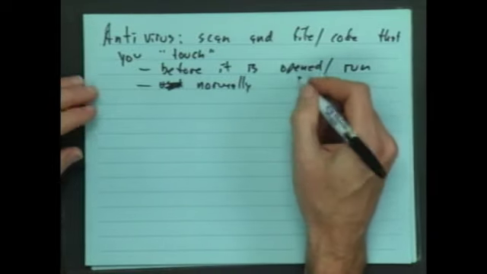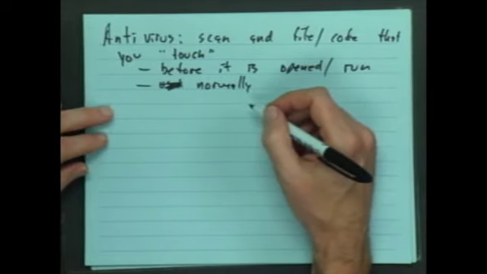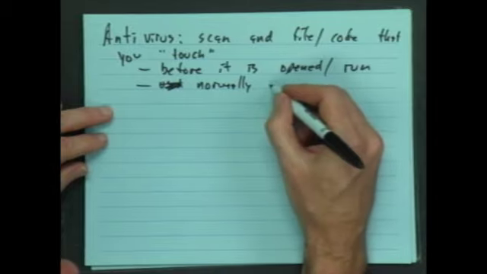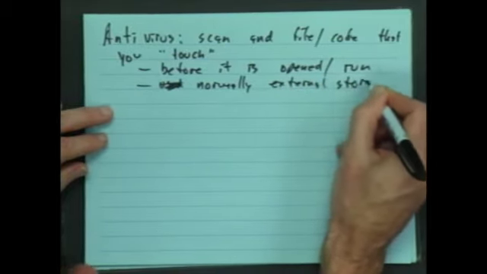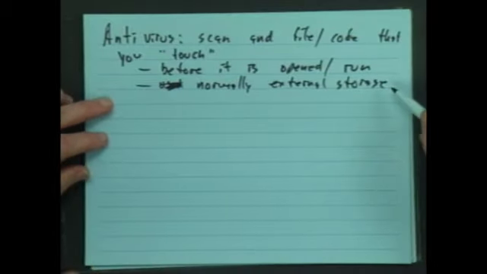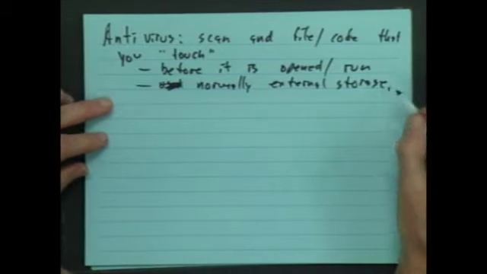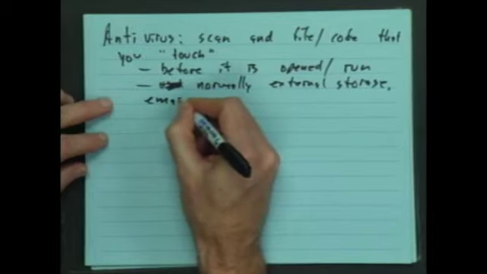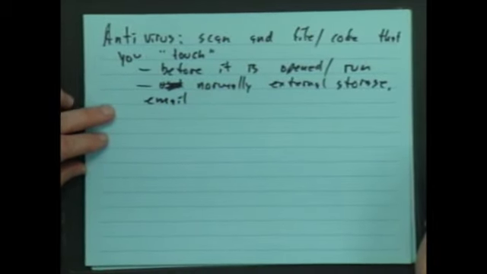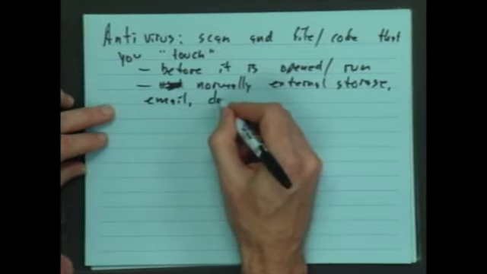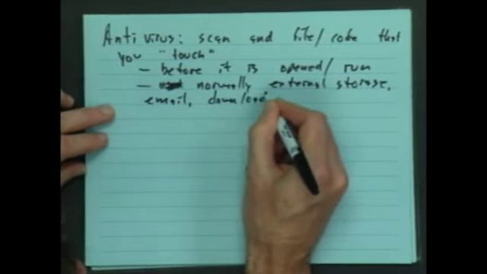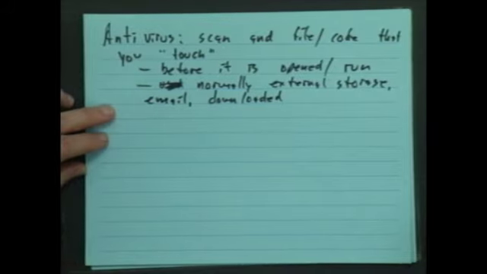So this is normally going to be like if you plug your thumb drive into the side of your computer, anything you access on that thumb drive should be scanned. It should also scan email, so any file that comes into your computer over your email, or when you download it. Okay?